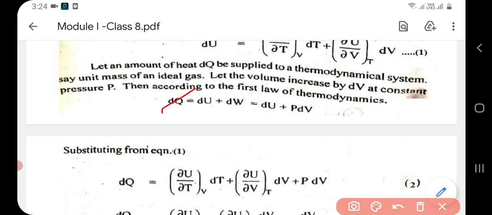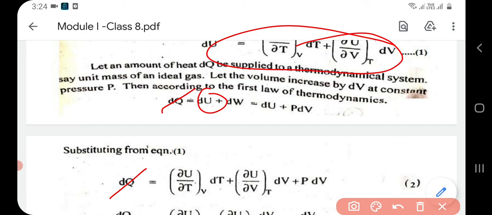This dq is kept as such. Now in place of du we have this relation, so you have to substitute that, ∂u/∂T at constant V dT plus ∂u/∂V at constant T dV, plus PdV. PdV is kept as such, so that is equation 2.